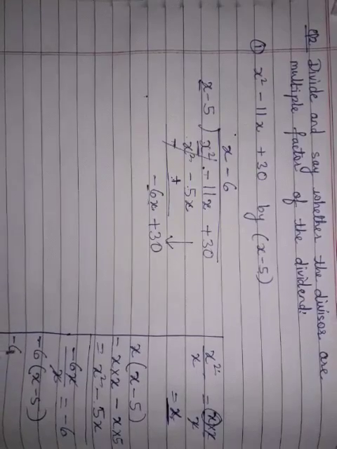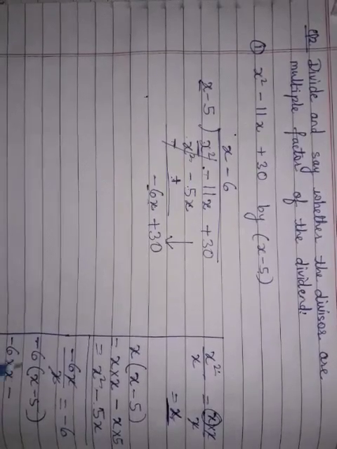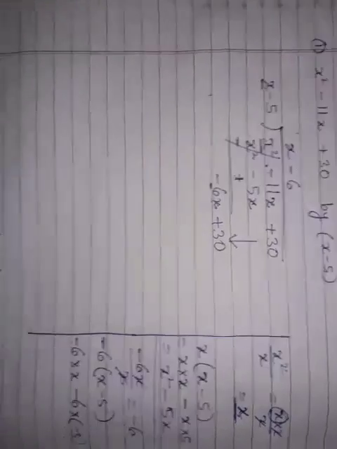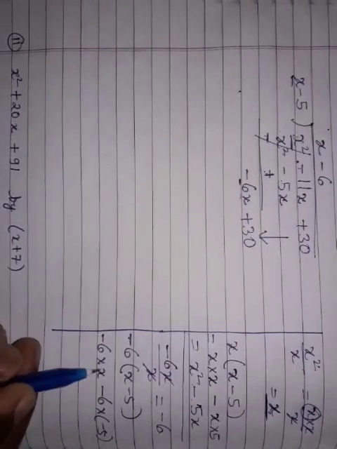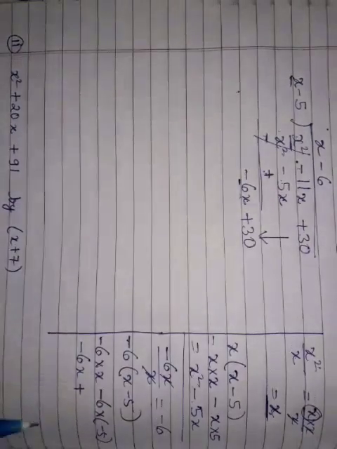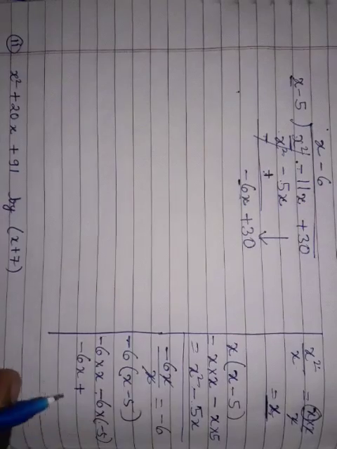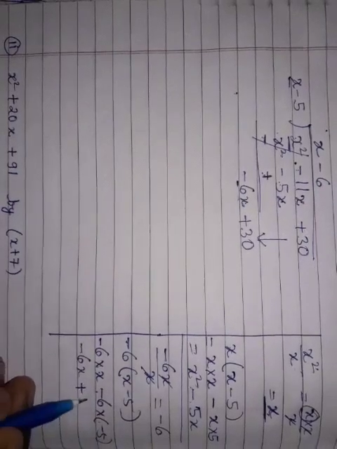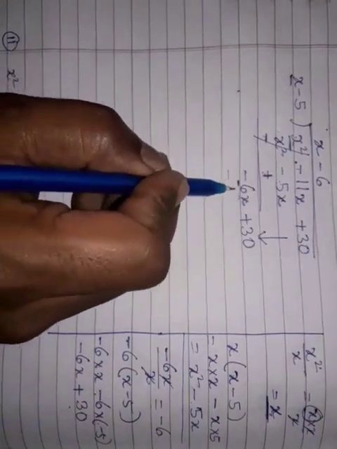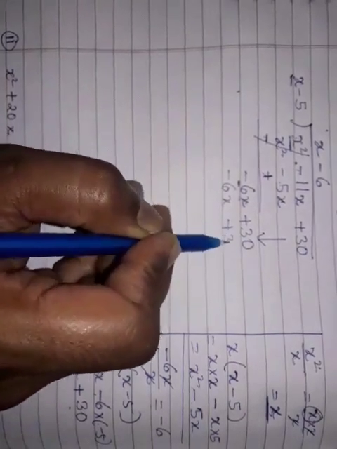Minus 6 multiplied by x is minus 6x, and minus 6 multiplied by minus 5, minus times minus, 6 multiplied by 5 is 30. Now we write this here, minus 6x plus 30.